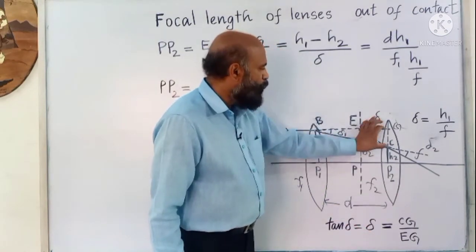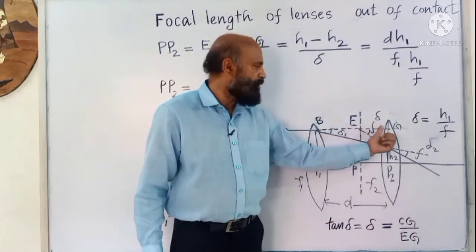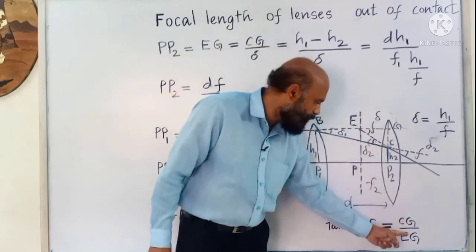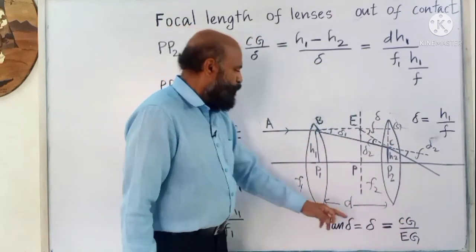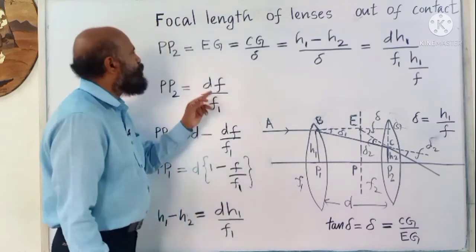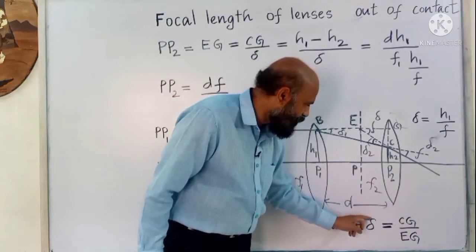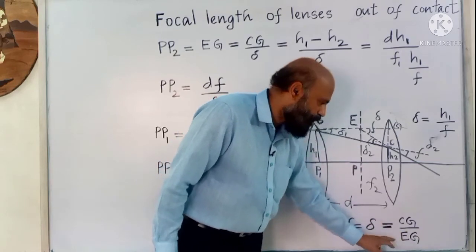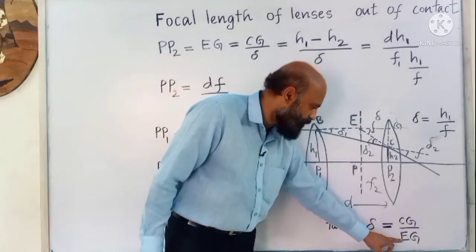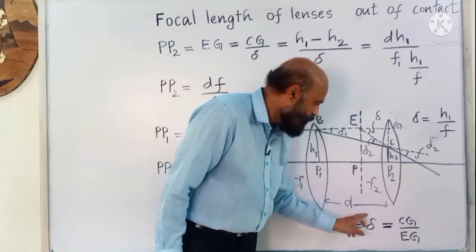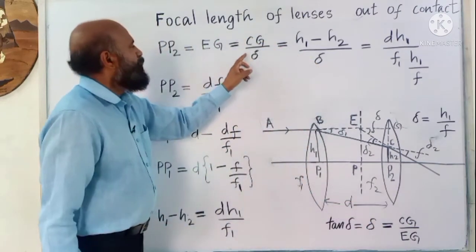Tan delta is opposite side by adjacent side, so CG by EG. So from this we can get an expression for EG. EG can be written as CG by delta. After rearranging, EG is equal to CG divided by delta.